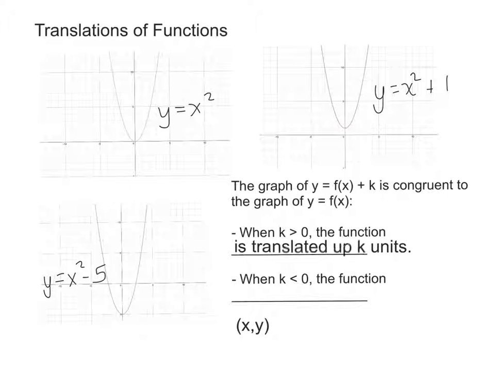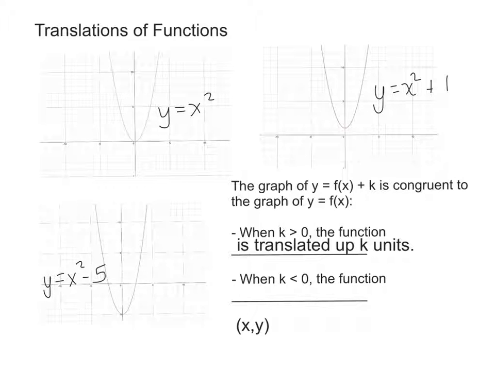The function is translated up k units. So if you take your function f of x and you add a positive number to it, it's going to move up. So the graph still looks the same shape, same size, but it's just slid up. And it moves up k units. So whatever k was, that's how far up it goes. So for y equals x squared plus 1, it moved up 1 unit.